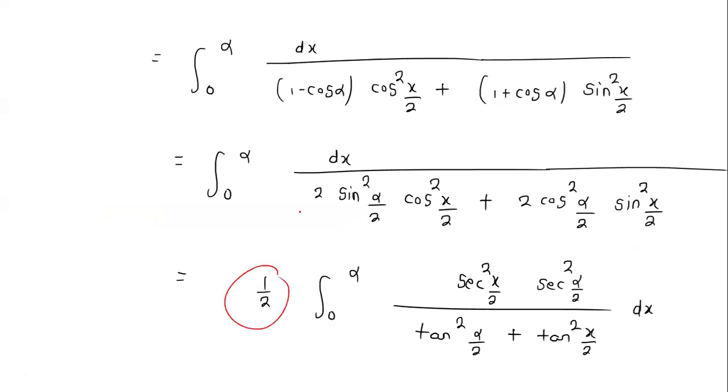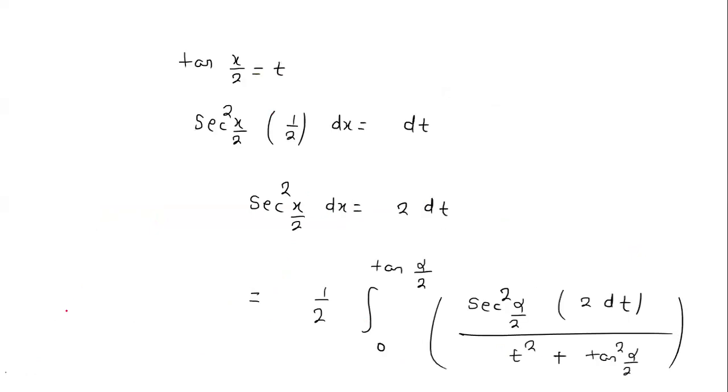Now this half is outside, so if you take this 2 factor outside, it will become half, and you have this integral. Now in this you can assume tan x by 2 as t, so its differentiation is sec x by 2 whole square multiplied by half dx is equal to dt.